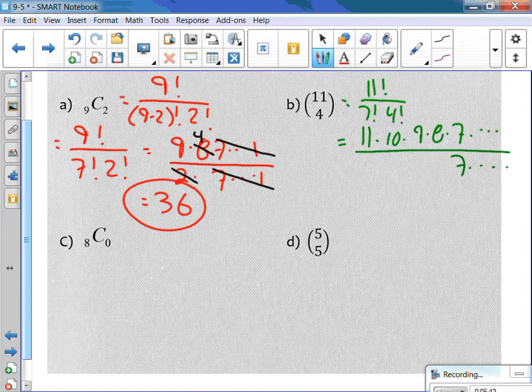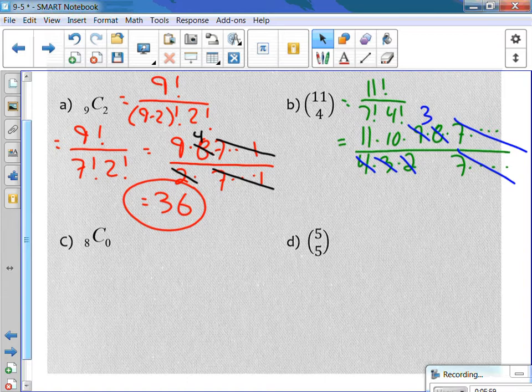And I still have my 4 times 3 times 2 times the understood 1. So what cancels? Well, my 7's cancel. And here 4 times 2, that's 8, canceling with the 8. And our 3 going into 9 3 times. So here we have 11 times 10 times 3, giving us 330.